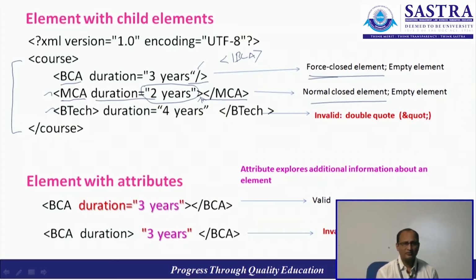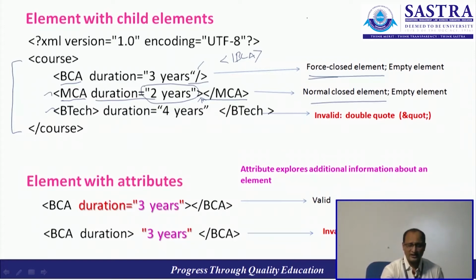Based on that, we can go for normal close or force close. Force close, in the sense it should not carry any child or text. If we close like this, normal closed element, in the sense it may or may not have any content. So it is optional, in the sense we can go for normal close. Otherwise, if it is explicit, you can go for force close.